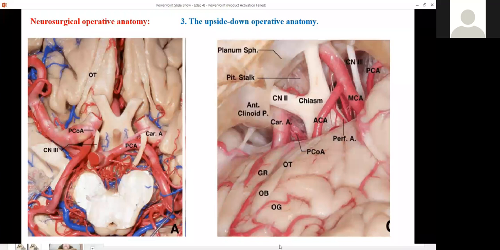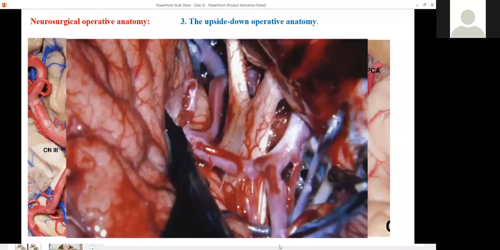That has critical importance and should always be kept in mind: when I study anatomy, I should flip it upside down when I operate through, for example, a pterional approach, which is the most common approach used in neurosurgery.